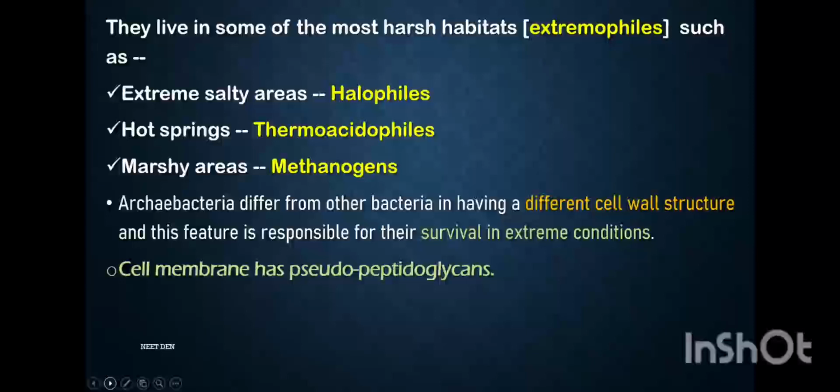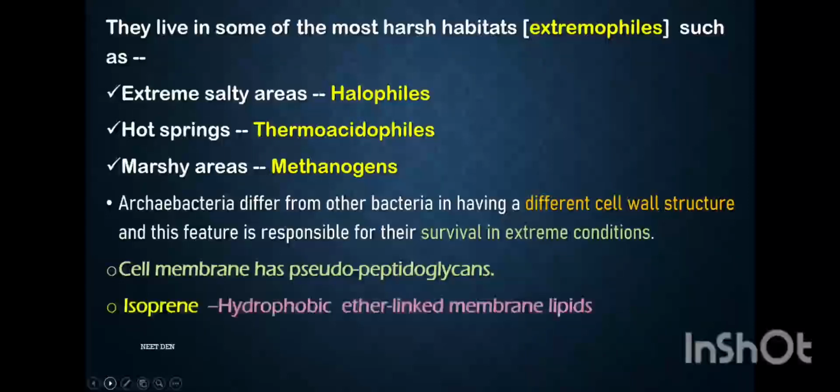It contains a pseudopeptidoglycan, and it contains a chemical called isoprene. This isoprene is a rubber-like material, an ether-linked membrane lipid, and these are hydrophobic. They will not allow water or any harmful substance to enter inside the bacteria. So they protect these bacteria from all the extreme conditions in which they flourish.